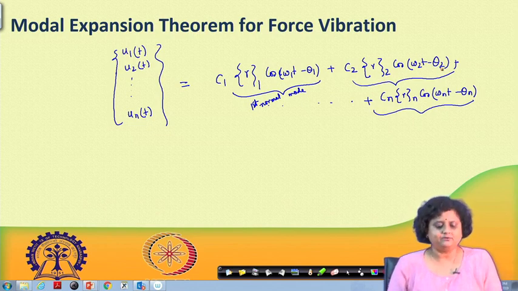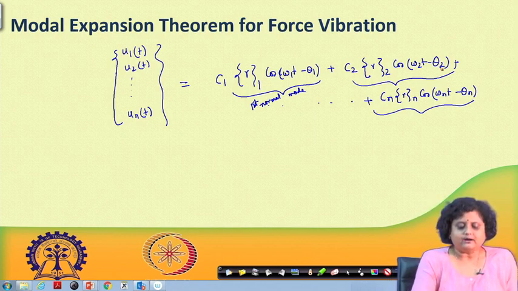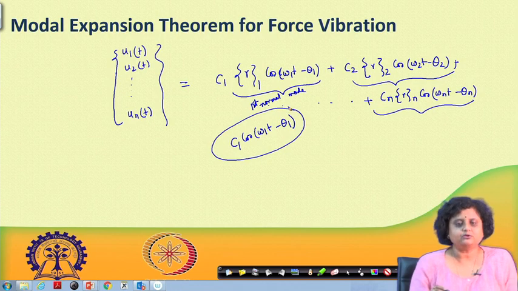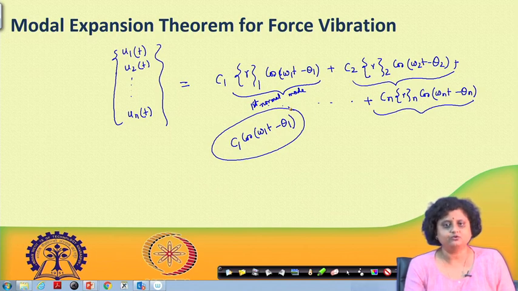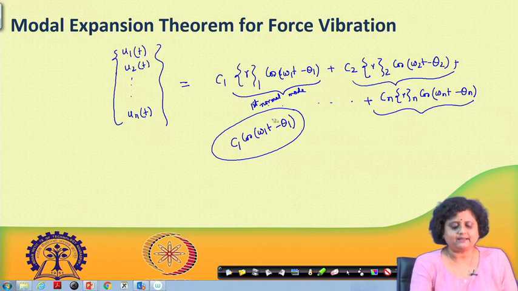So, what happens when we have a forced vibration problem? Our time response, C1 cos(omega 1 t minus theta 1), is the time response when there is free vibration, but when an externally applied force is acting on the system, we can no longer say that this is going to be the time solution.